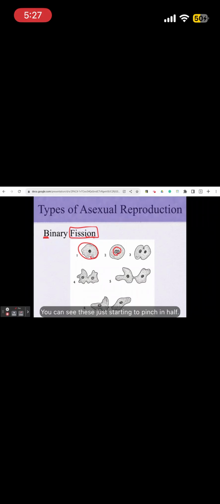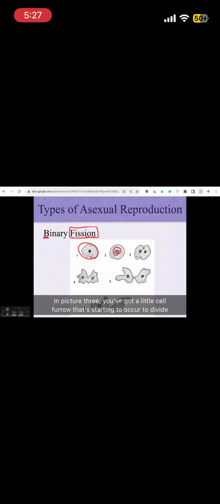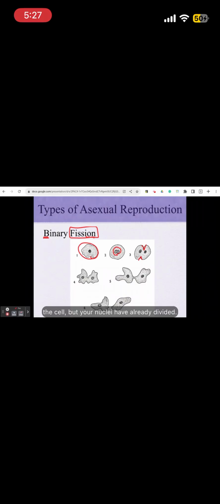And you can see that it's just starting to pinch in half. In picture 3, you've got a little cell furrow that's starting to occur to divide the cell, but your nuclei have already divided. 4 and 5 continue that split of the cell and the cytoplasm. You can see that starting and continuing here. And then in picture 6, you have two cells.